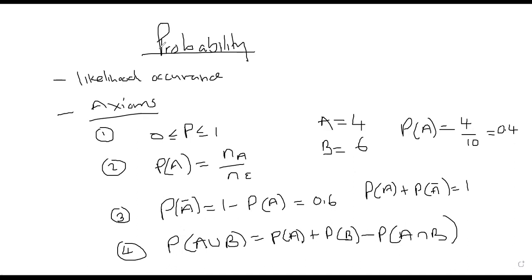Are we together? So we also have the probability of A intersection B. Now this is a formula which has about 5 ways of doing it.